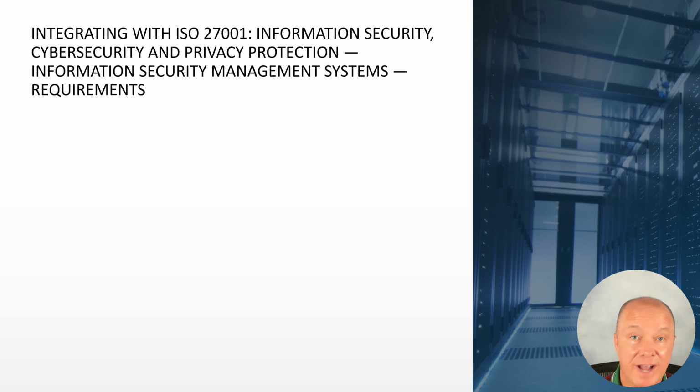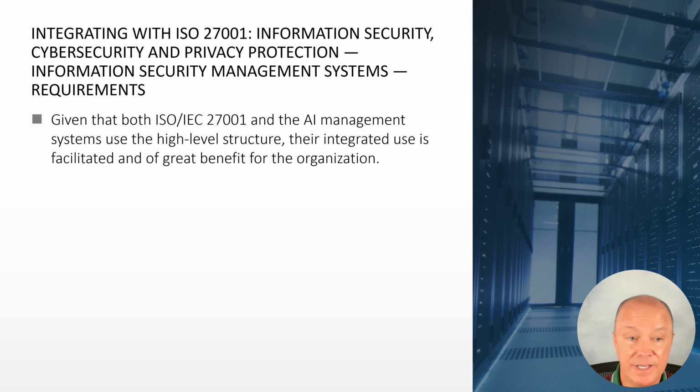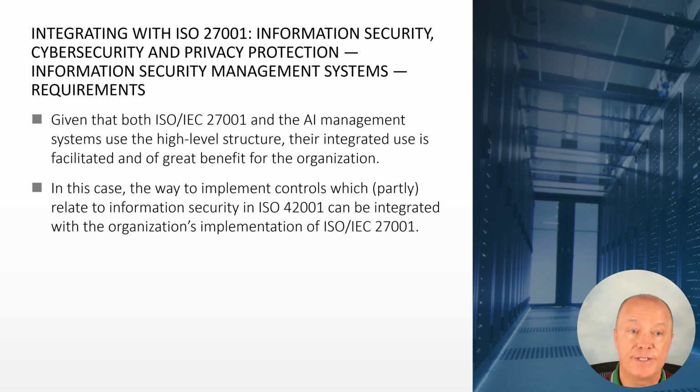Now, getting back to ISO 27001, since we've really justified the need to integrate information security, cybersecurity, and privacy management with our AI, the nice thing about ISO 27001 and our ISO 42001 AI management systems is they both use the same high-level structure, and their integrated use is then easier to facilitate and of even more benefit to the organization.